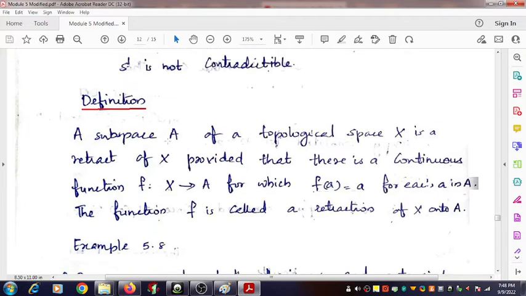For that, let X be a given topological space, and let A be a subspace of that given space.